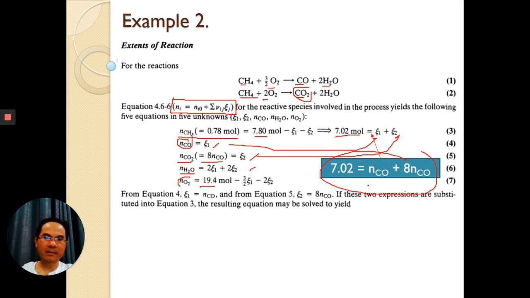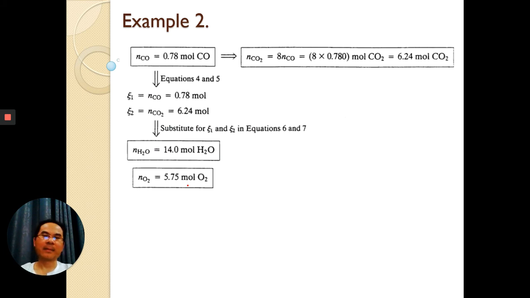You can solve for NCO. If you know NCO, you can solve for C1 and C2. You substitute C1 and C2, and you know N water and N oxygen. That is the same answer. You get the same answer from the atomic balance or molecular balance.